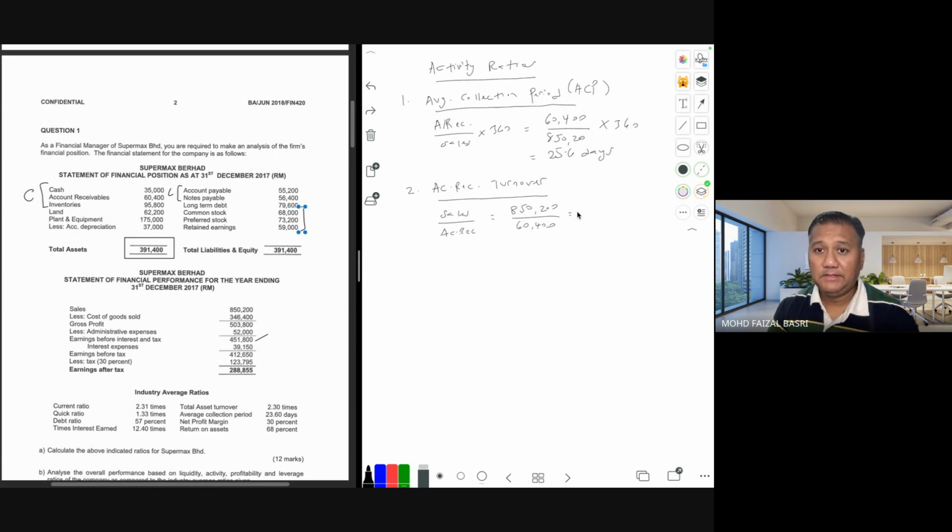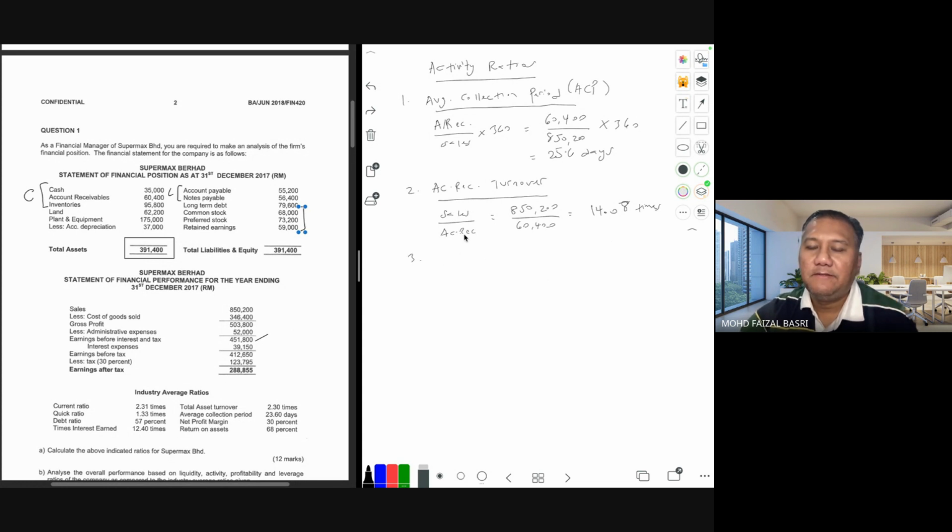So it's about 14.08. Okay, so we don't have items ataupun industry average to compare. So we just can calculate je lah. I just show you how to calculate this.